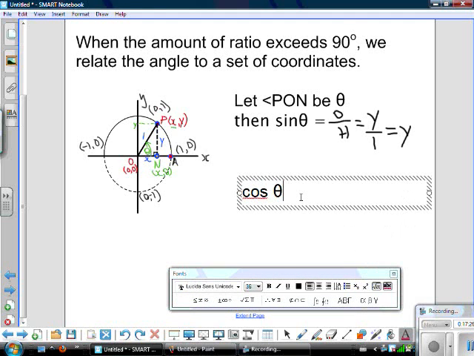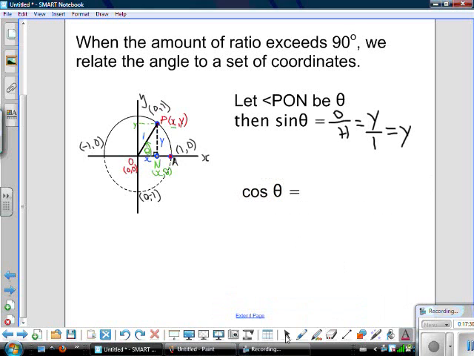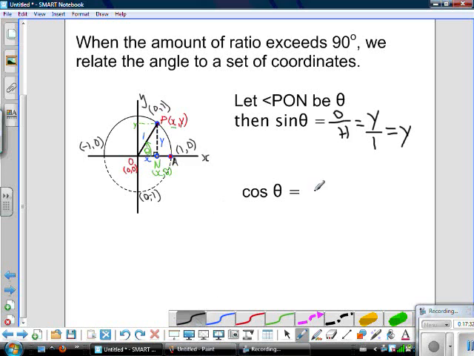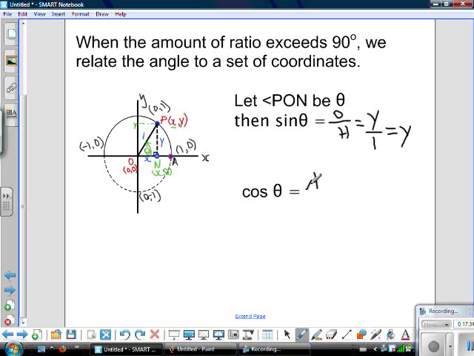So we know that cos theta equals adjacent over hypotenuse. And again, if I look at my unit circle, and sorry, that looks so messy, adjacent here would be the x, and again, the hypotenuse is 1.